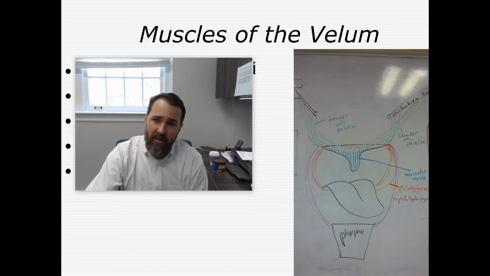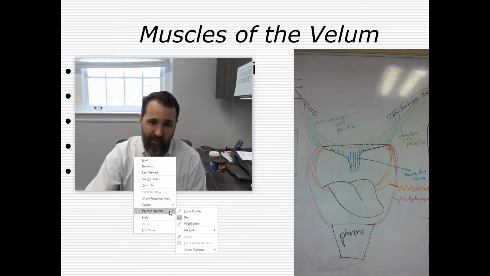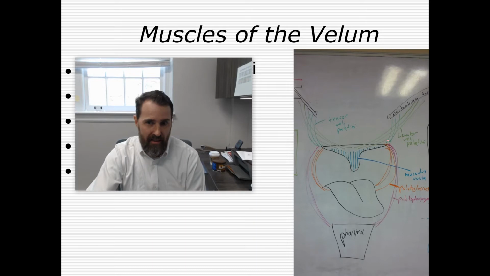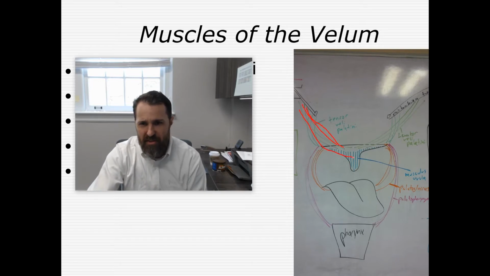So to begin with, let's talk about the Levator Veli Palatini. Once again, you're hearing the term levator, and you hear the word Palatini. That's soft palate. That's the palate. So the Levator Veli Palatini originates up near the eustachian tube and it courses down into the body of the soft palate.